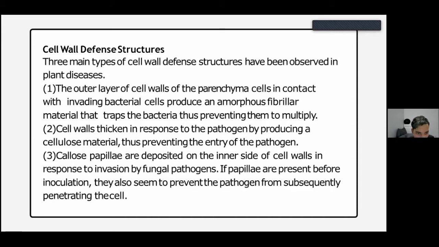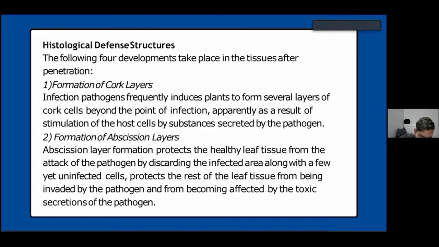Third, cellulose papillae are deposited on the inner side of the cell wall in response to infection by fungal pathogens. If papillae are present before inoculation, they also seem to prevent the pathogen from subsequently penetrating the cell.